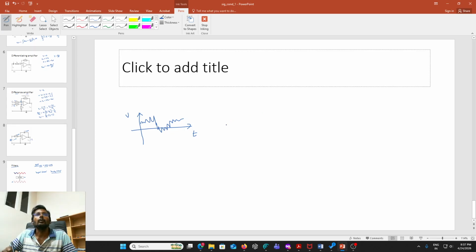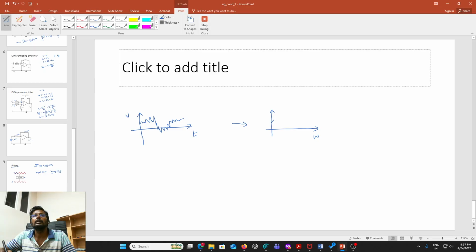Normally these noises have high frequency compared to the actual physical quantity. So what we do is we convert this into the frequency domain. Whatever you have is in the time domain, and you convert that into a frequency domain.